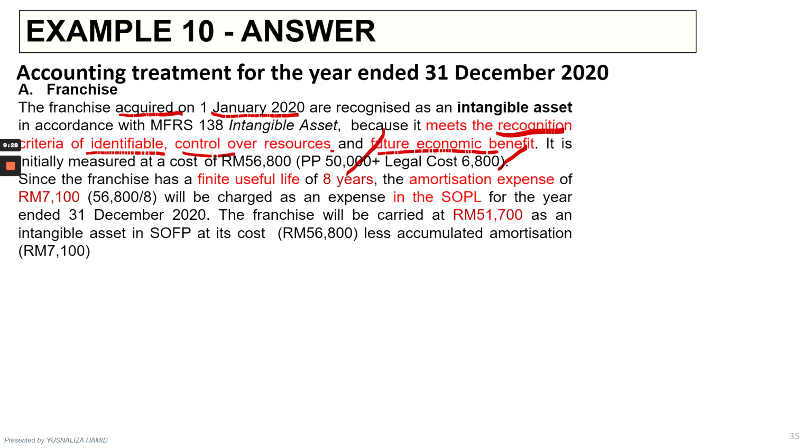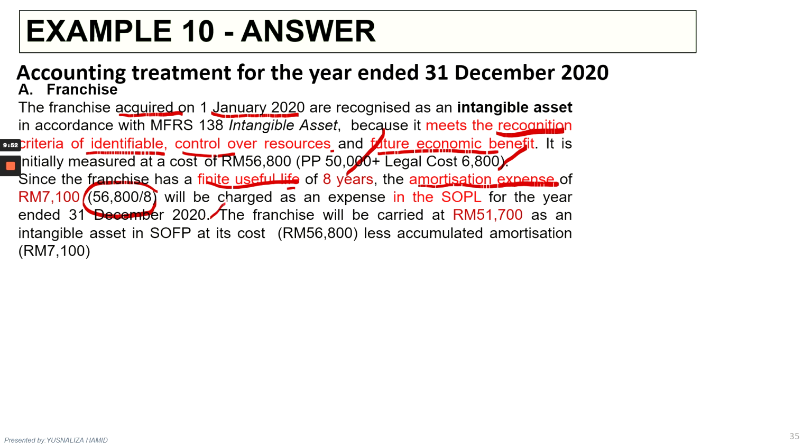So since the franchise has finite useful life, remember, for finite useful life, amortization must be charged, and it should be charged against the useful life of 8 years. So this is the calculation. So it's 7,100, and that will be charged in the SOFP in the year incurred.